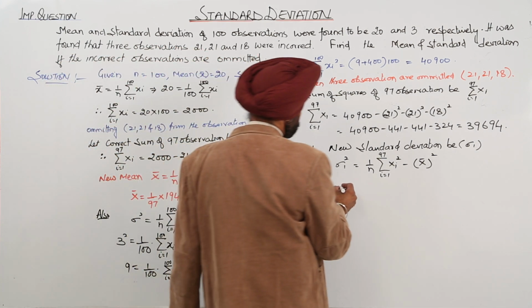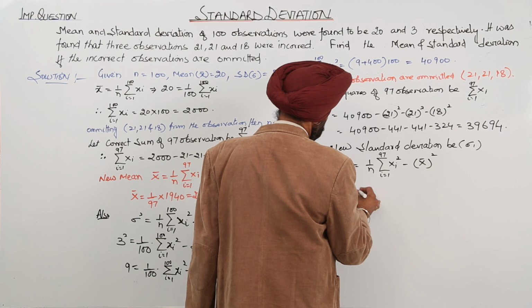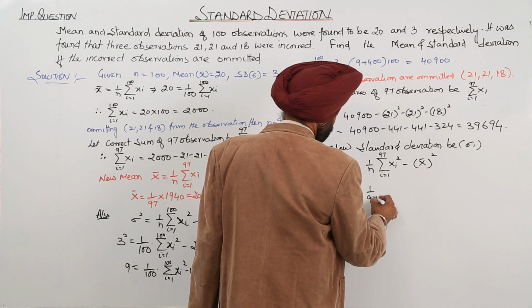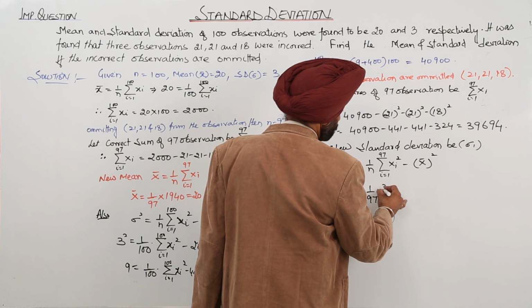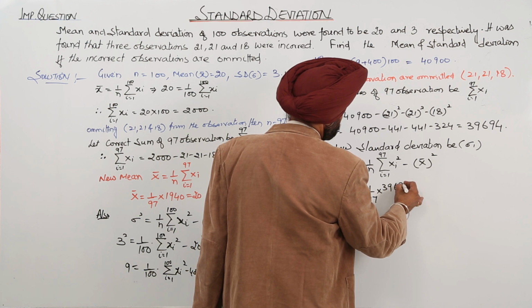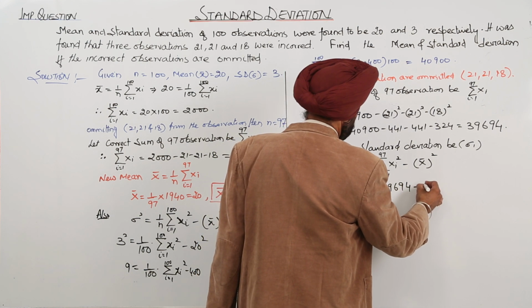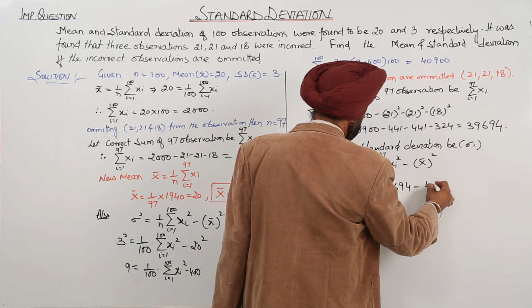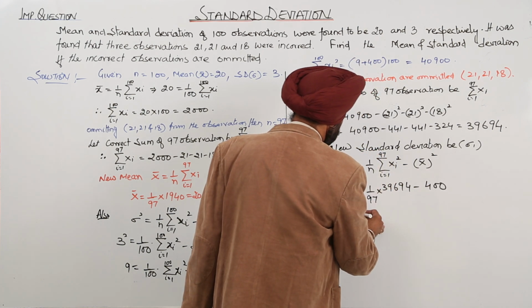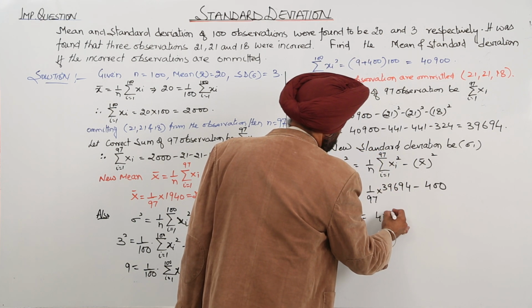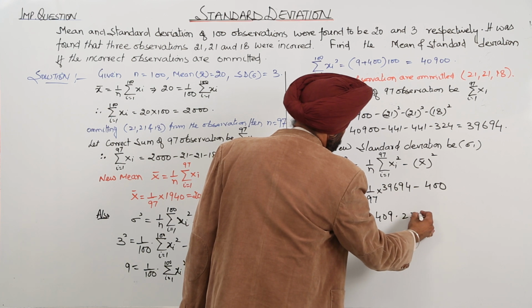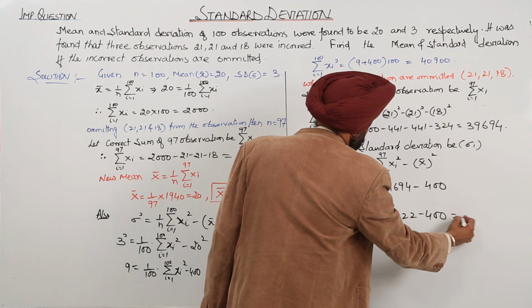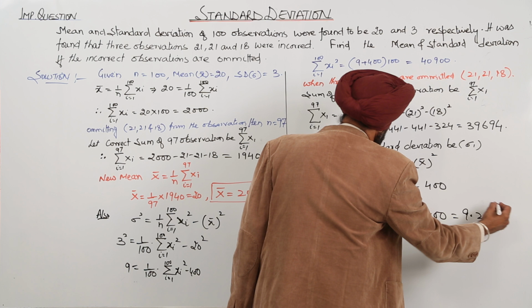Now this becomes 1 upon 97 times 39694 minus 400, which is equal to 9.22.